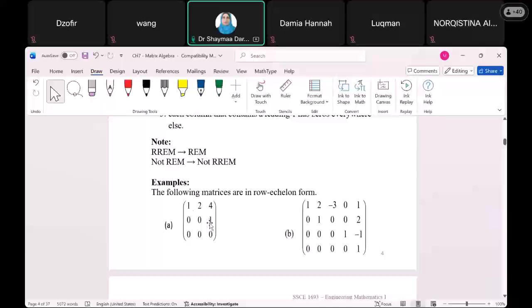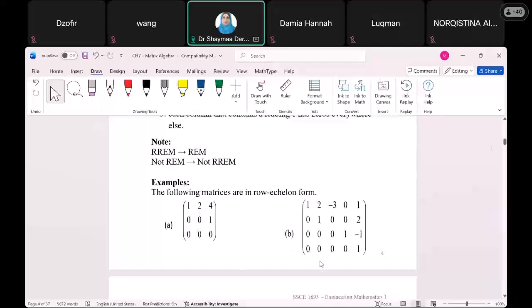The leading one in the second row comes to the right from the leading one in the first row. So this matrix is in row echelon form.